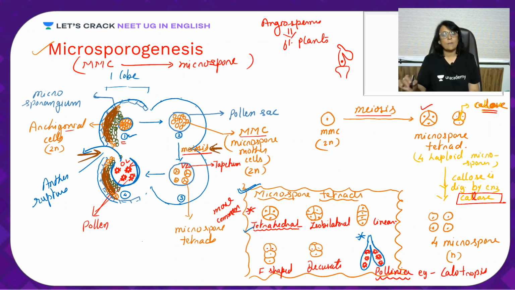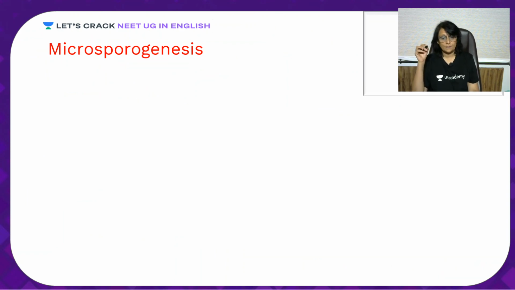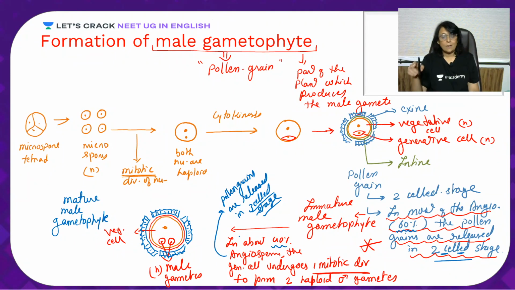Like we have written microspore tetrads, we have drawn them, and here itself we have written which is the most common one. So you don't have to read the text at the time of revision. Same is the case with gametophyte formation. Here itself what is happening, first division, second division, and so on.